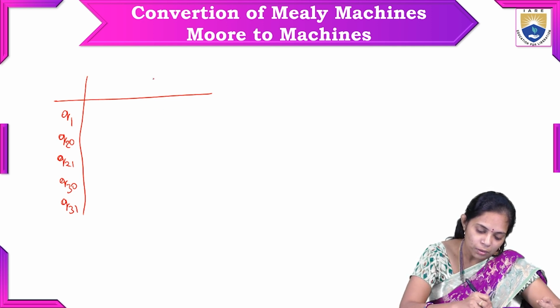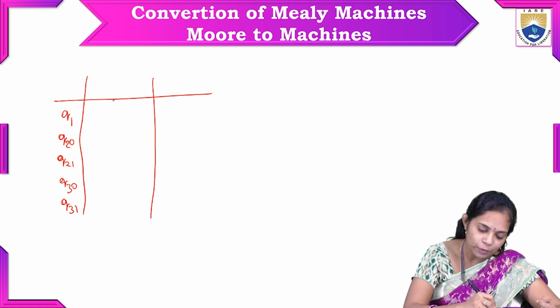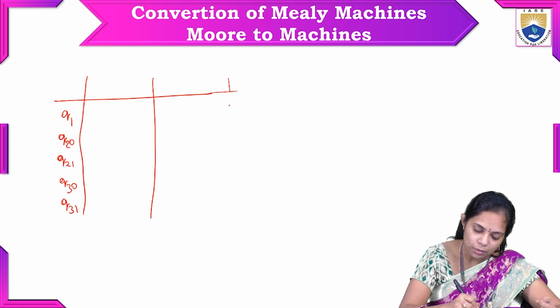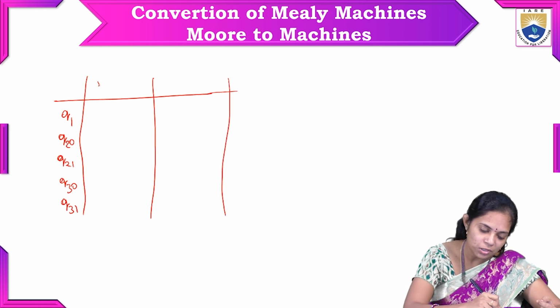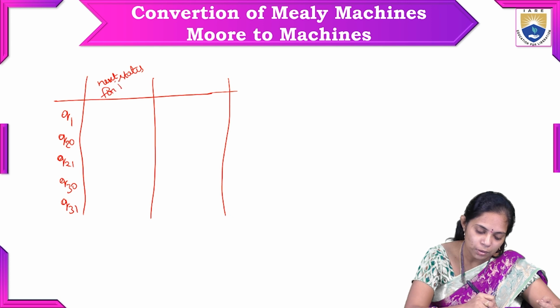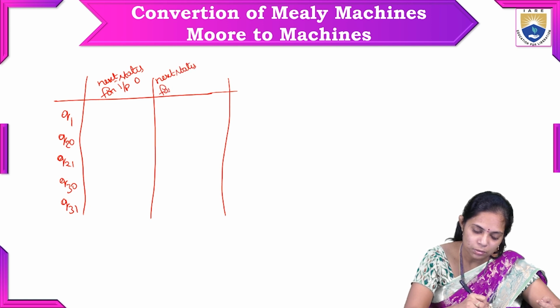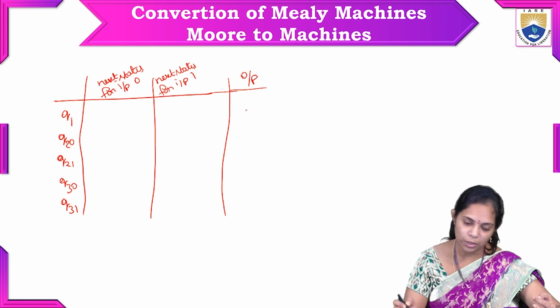And for the Moore machine, we have to write the next states for input 0 and the next states for input 1, and the actual output of this Moore machine.